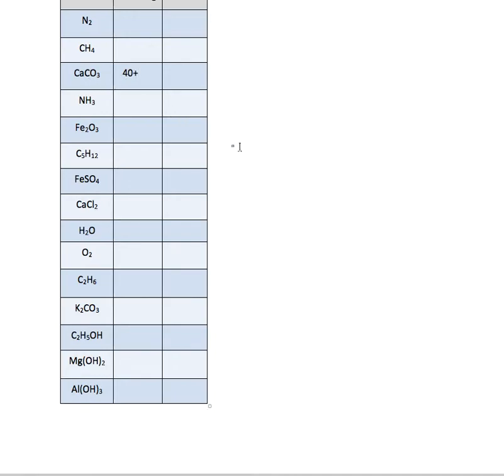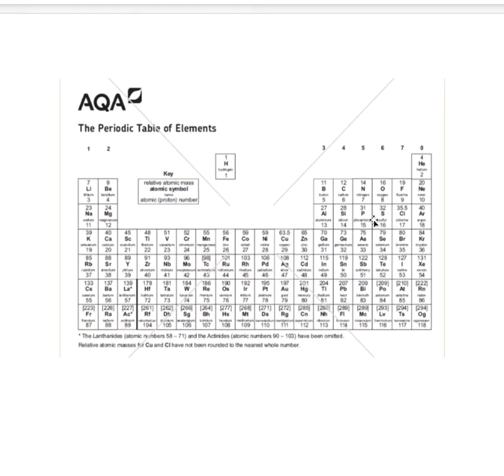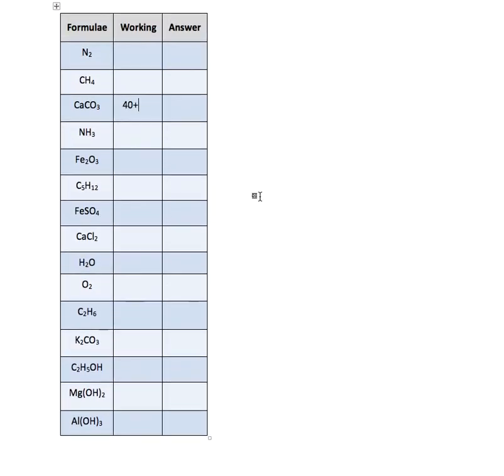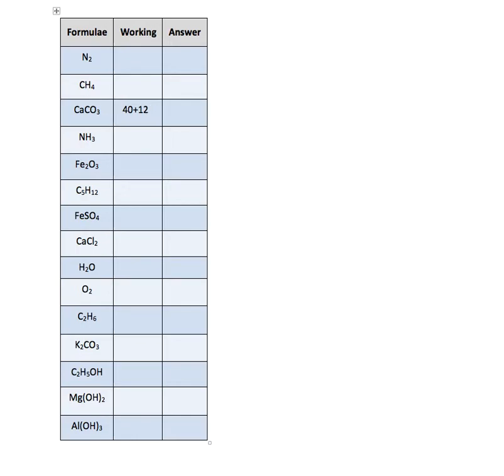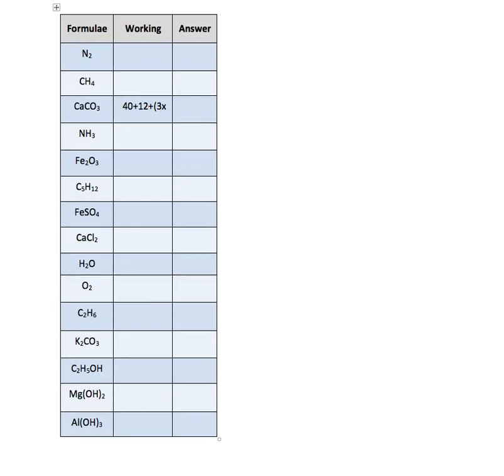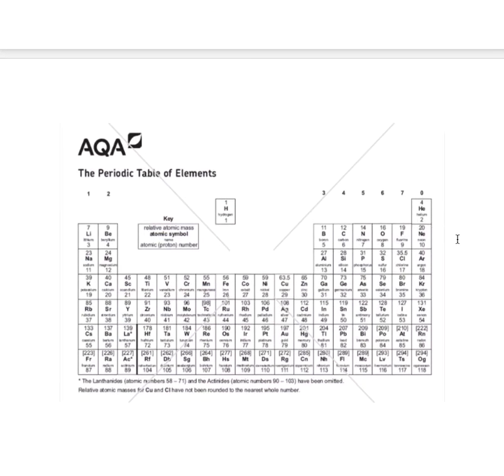And we're going to add in a carbon. And if we look for carbon, carbon is here, 12. So we have 40 plus 12. And then we have 3 oxygens, so I'm going to put that in brackets, 3 times. And let's find oxygen then. Oxygen is here, 16.